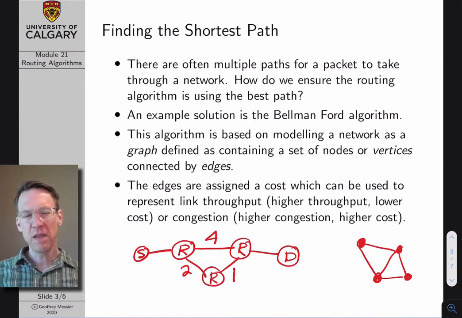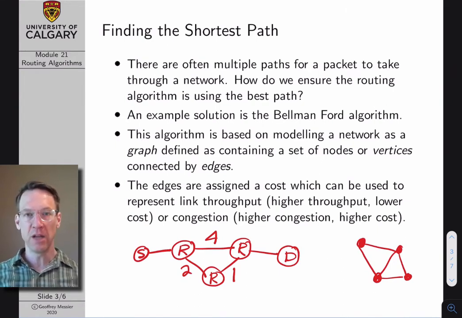So it would essentially be the inverse of throughput, for example. A very, very high throughput link, a nice clean fiber optic link, high-speed Ethernet, would have a low cost. But if the link had a lower data rate, then it would have a higher cost.